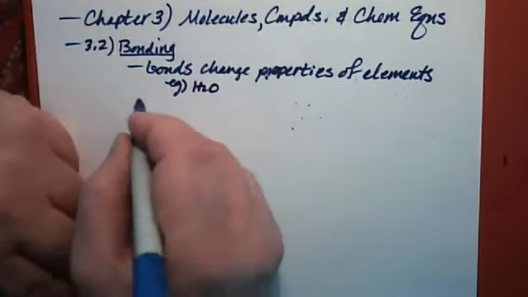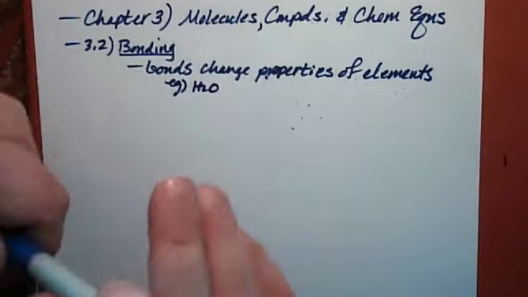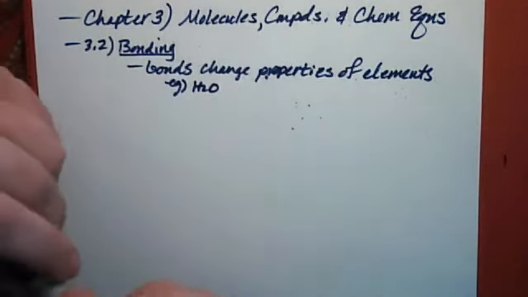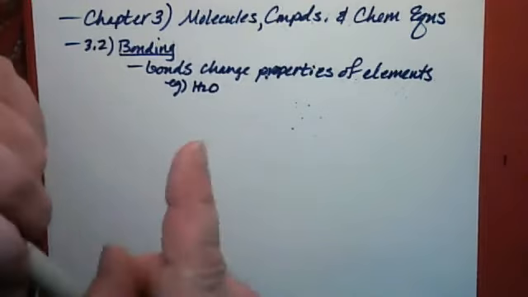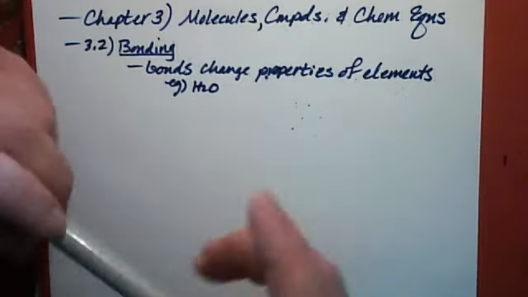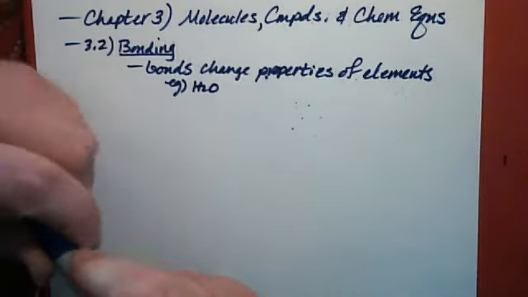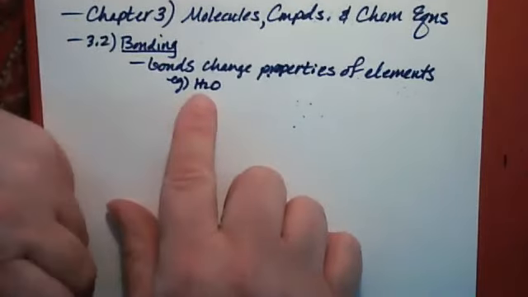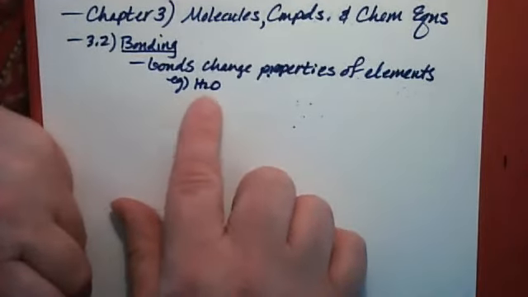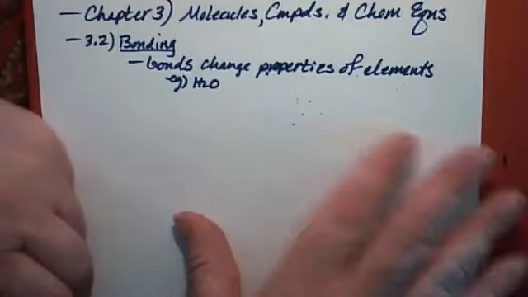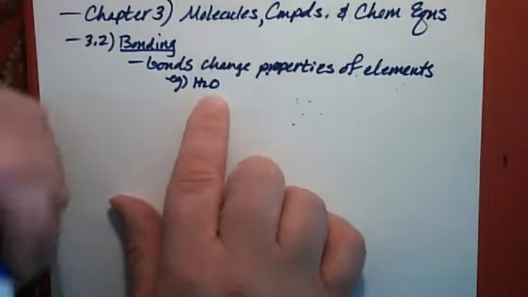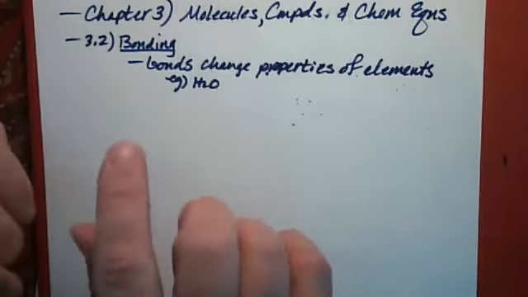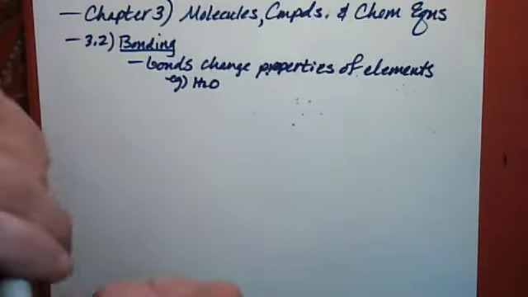The example the book uses is water, where you have hydrogen, a gas that is explosive, potentially, and oxygen, another gas which vigorously supports combustion or burning of stuff. And when you combine them together in a ratio of 2 to 1 through chemical bonds, what you get is a liquid that can put out fires. That is a pretty huge change in properties just because you've taken some atoms and bonded them together.